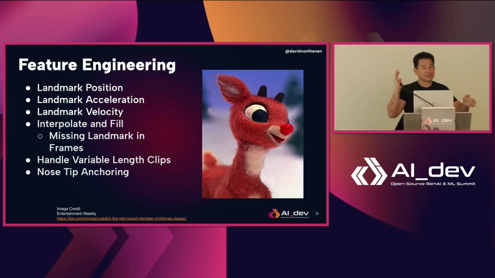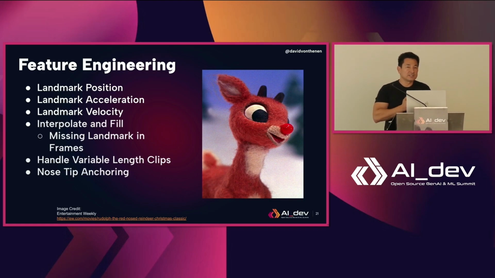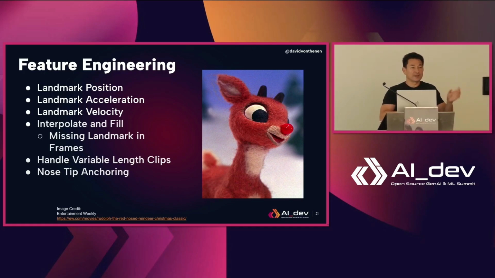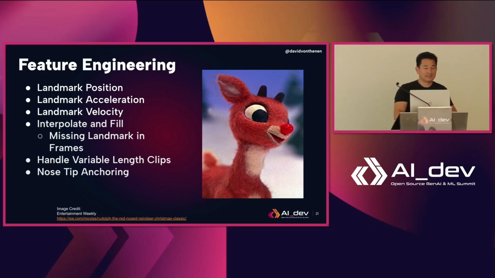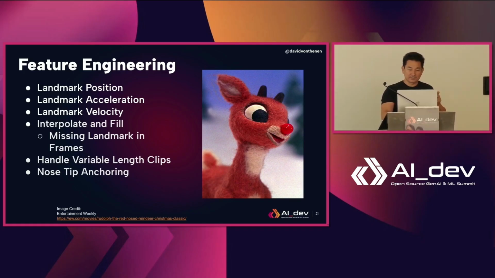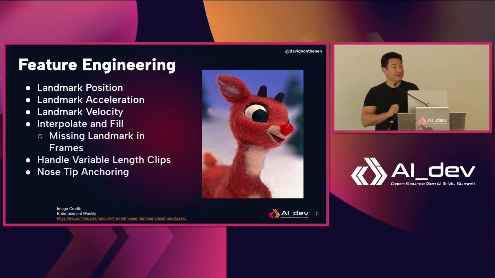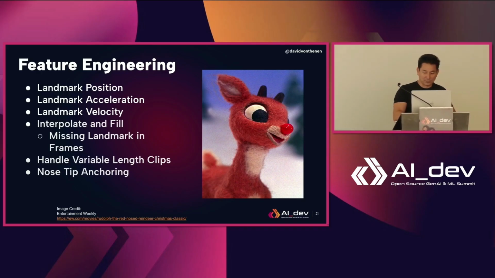If I cut some of these clips down, when you're doing machine learning you need a like-for-like comparison. And the last one, nose tip anchoring, which I'll get into in the architecture portion, is very significant. I'll get into more detail.